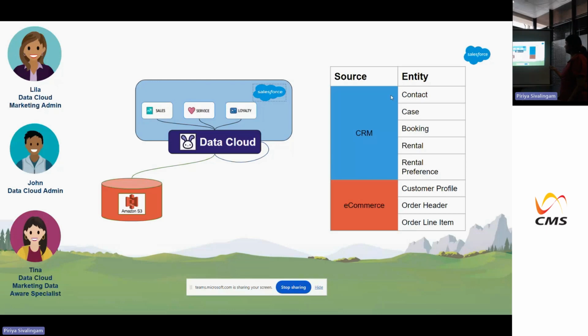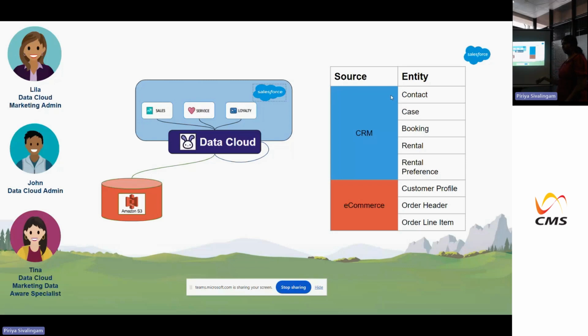And Tina, as the Data Cloud marketing data aware specialist, has the task to create data streams, map data models, and create unified customer profiles using identity resolution rule sets.